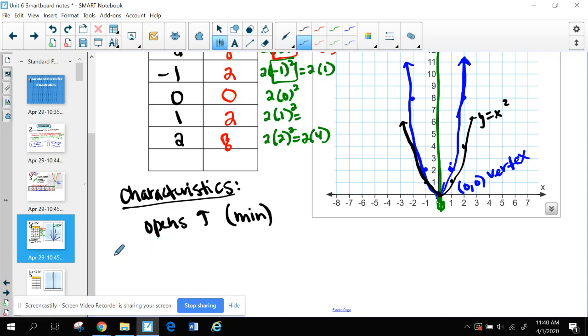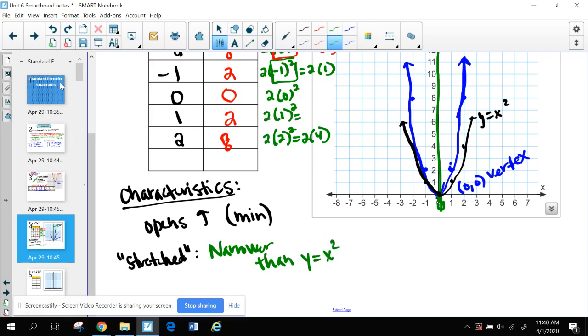So if we were to talk about how it is stretched, we would say that it's narrower than the original, which would be y equals x squared.